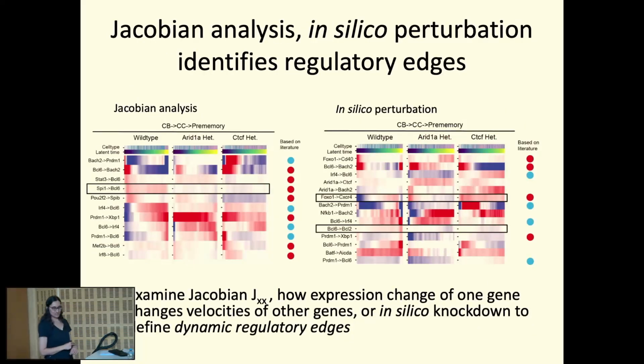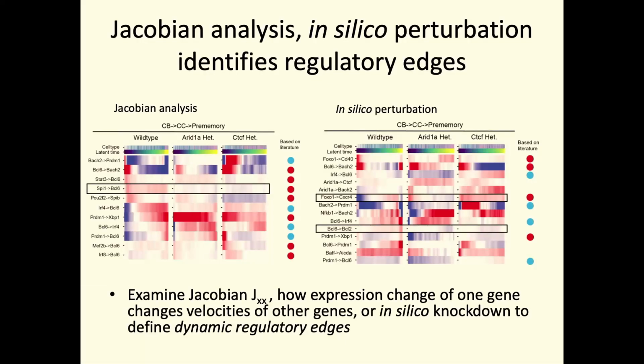A bit more interesting, we have a functional form for the dynamics, which means we can do Jacobian analysis, right? So we can ask how, for example, the expression change of one gene changes the RNA velocities of other genes. Or we can do an in silico perturbation, in silico knockdown.